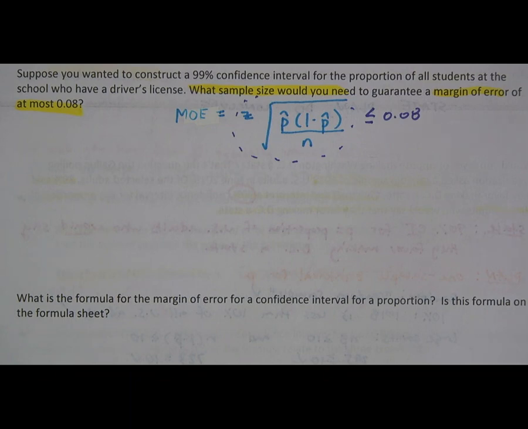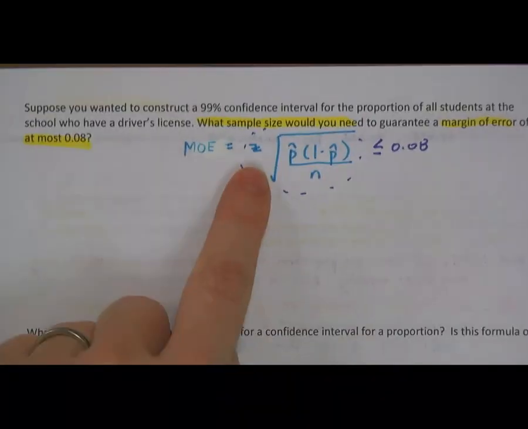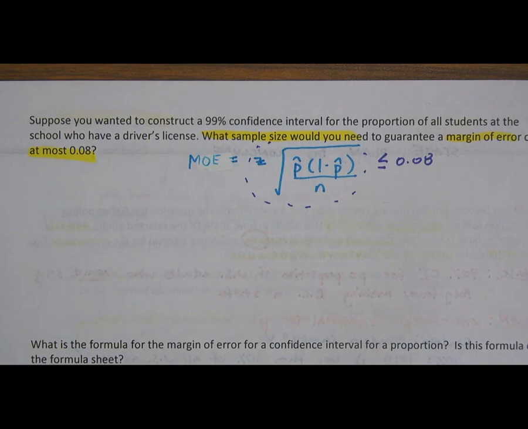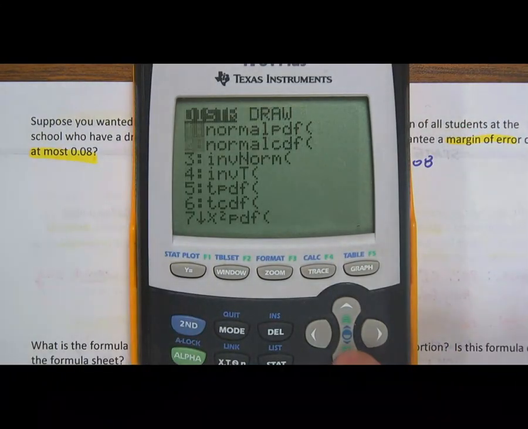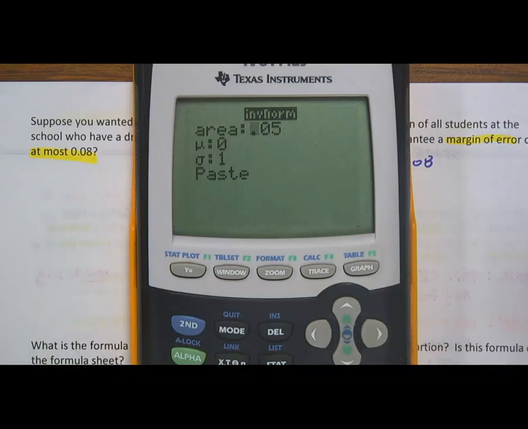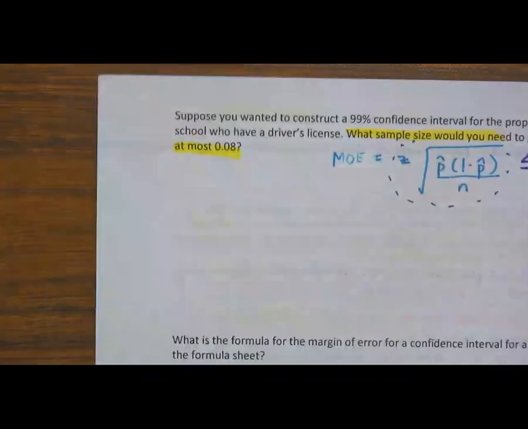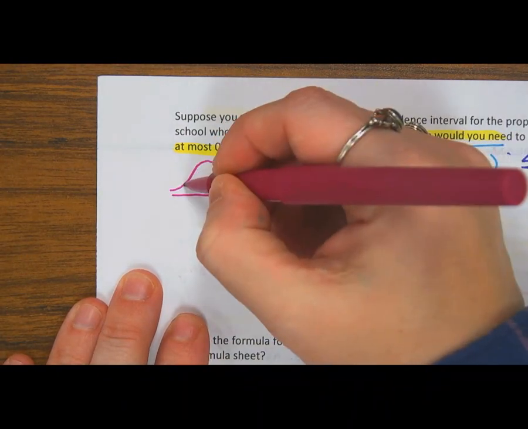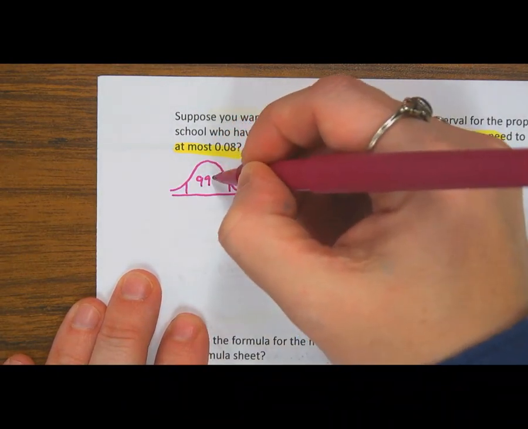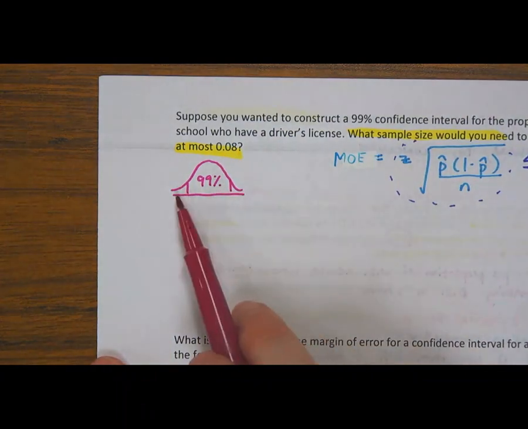So let's plug in what we do know. We can figure out the critical value for a 99% confidence interval. We haven't done that yet. So let's pause, use our inverse norm, think about it really quickly. I'm going to draw a teeny tiny little picture. This always helps me. If I have 99% taken out of the middle, that leaves 1% on either side.